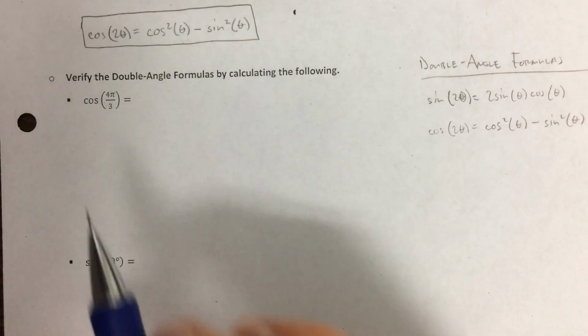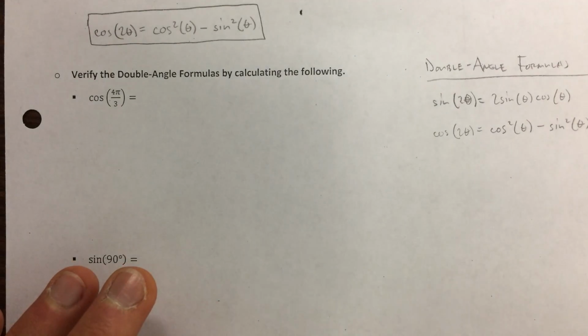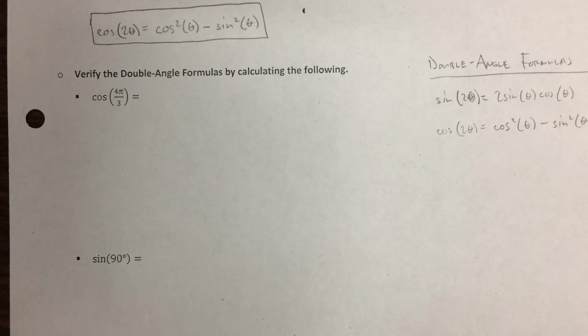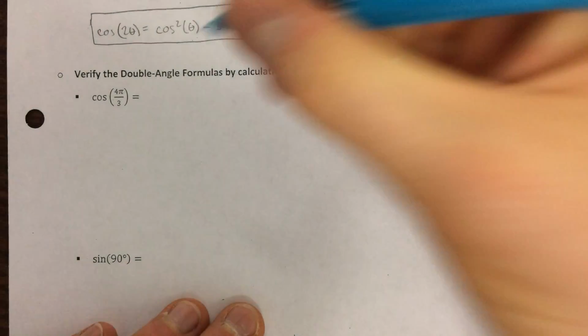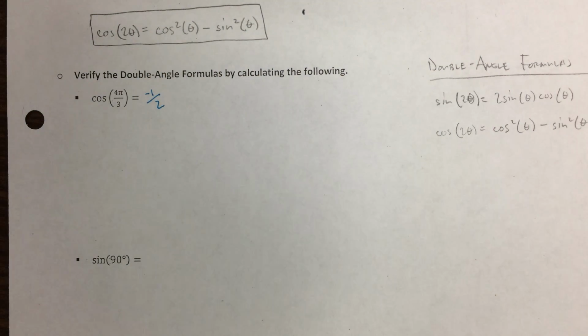So for example here, we already know what cosine of 4 pi over 3 is. We know, based off of the unit circle, that cosine of 4 pi over 3 is -1/2. Now we're going to use the double angle formula to show the formula works and see how it works.